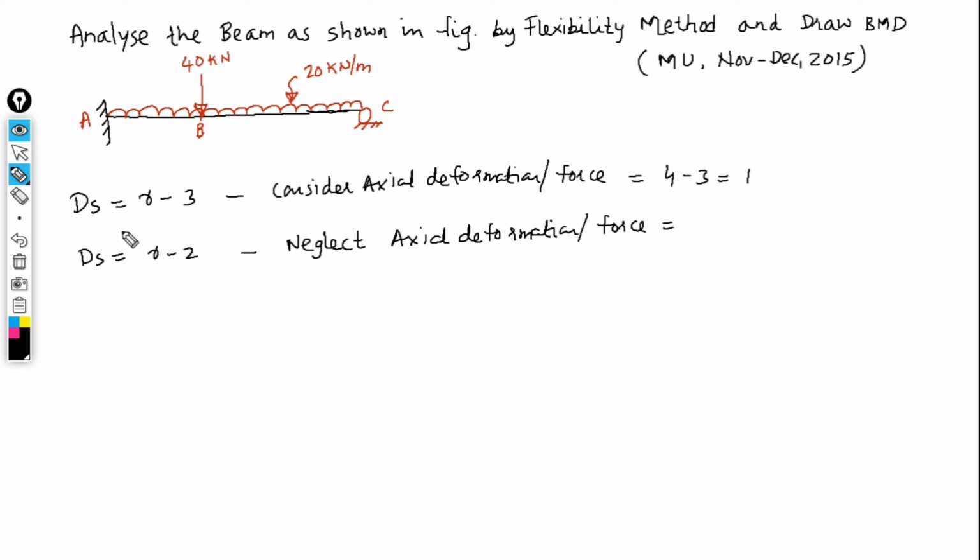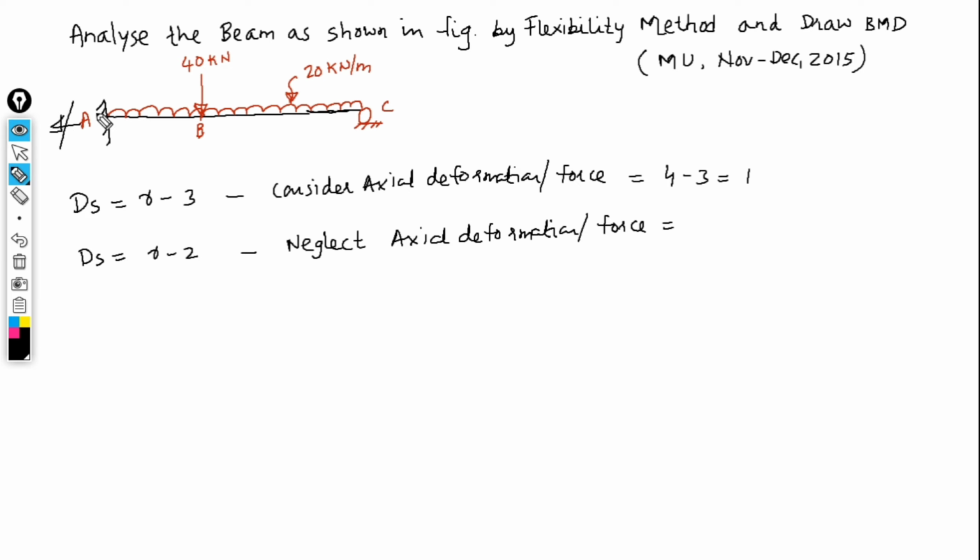When we are using this formula we don't have to consider the axial force, the axial reactions. So here you will get only 2 reaction and here you will get 1 vertical reaction. Total reaction comes to 3 minus 2 equal to 1. So by using both formula you will get same answer, but you need to remember that in case of beam we neglect axial deformation.